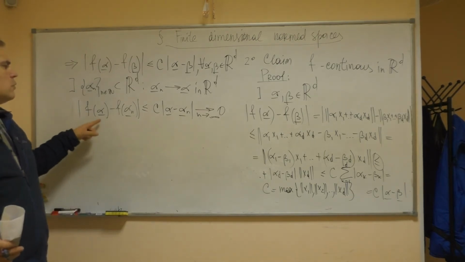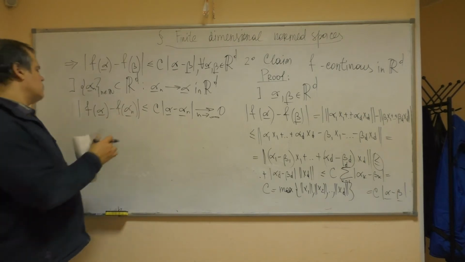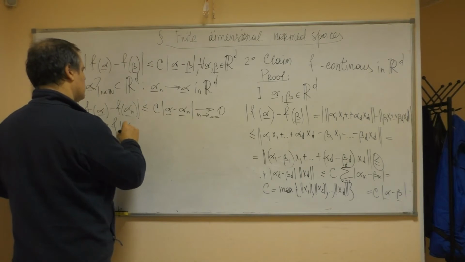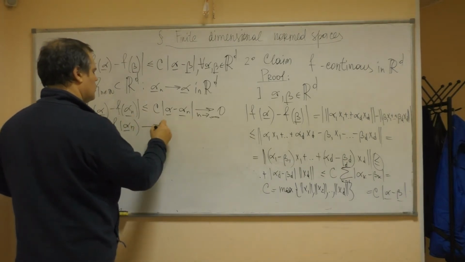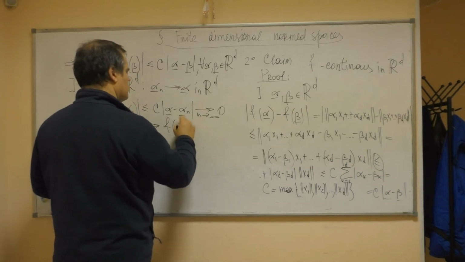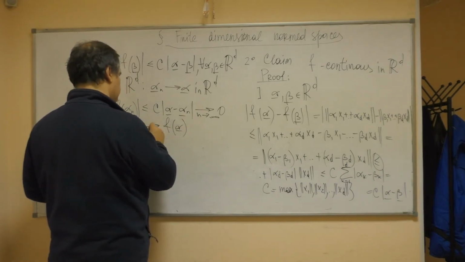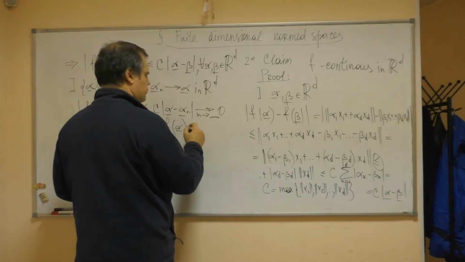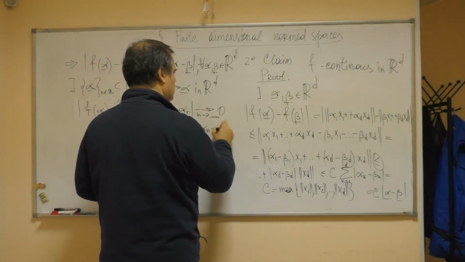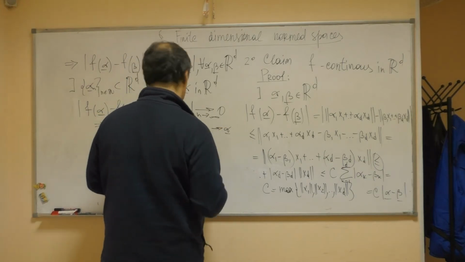So our function of alpha n converges to f from alpha for each alpha n that converges to alpha.